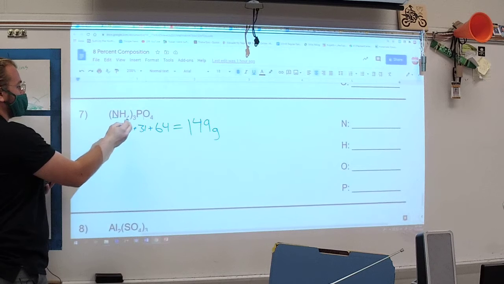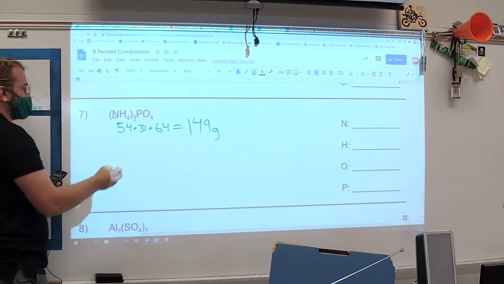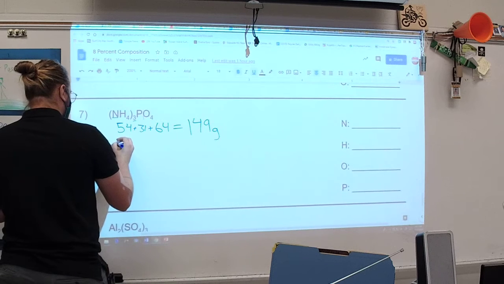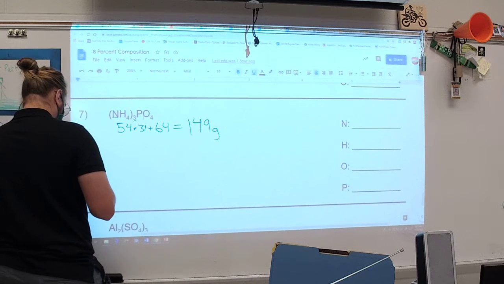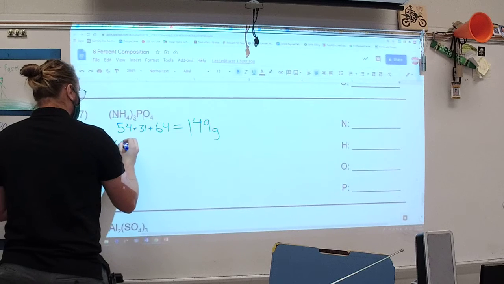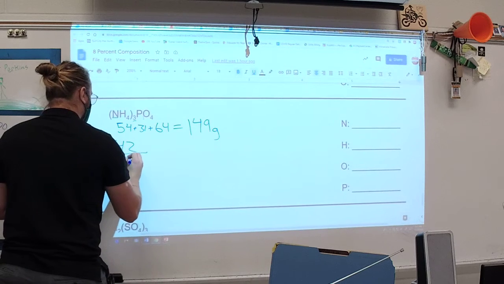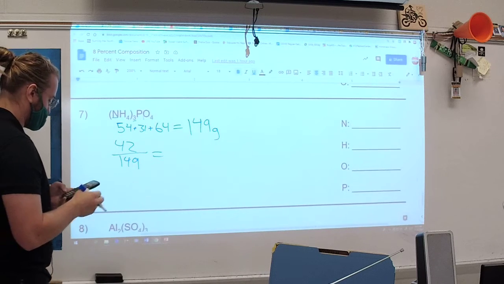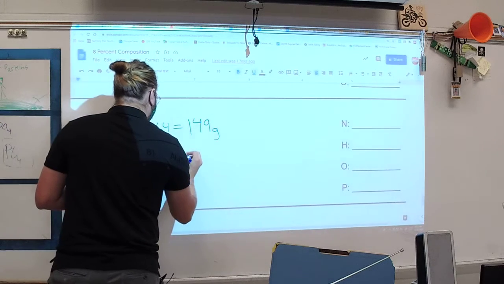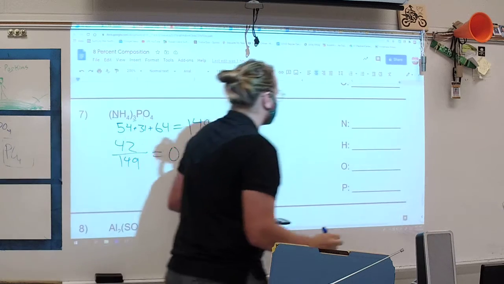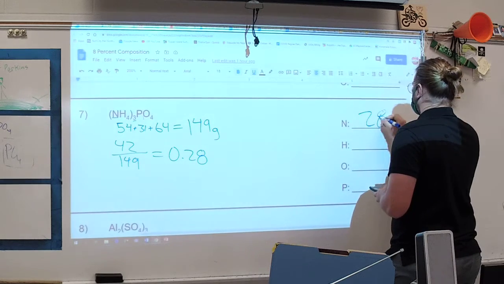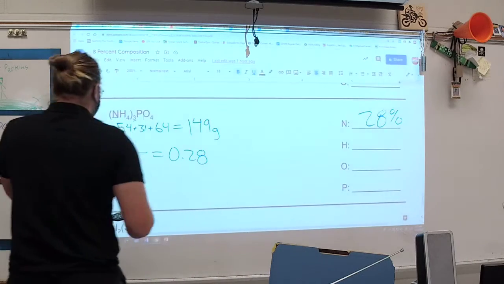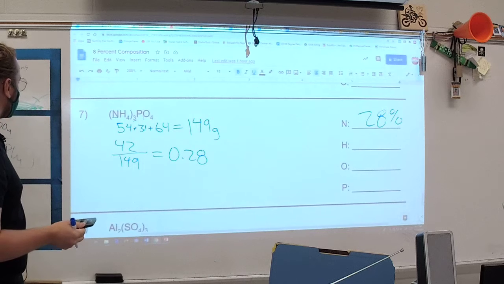We have 3 nitrogens, so that's going to be 14 times 3 equals 42 over 149. 42 divided by 149 equals 0.28, 28%. I feel like you guys see this and know this pretty well.